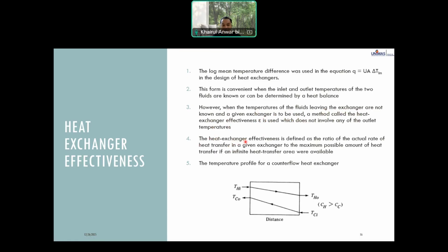The heat exchanger effectiveness is defined as the ratio of the actual rate of heat transfer in a given exchanger to the maximum possible amount of heat transfer if an infinite heat transfer area were available. The temperature profile for a counterflow heat exchanger is this figure.